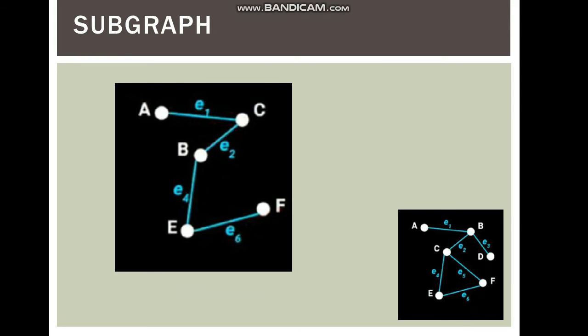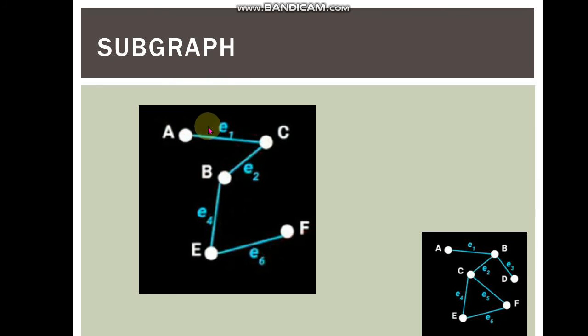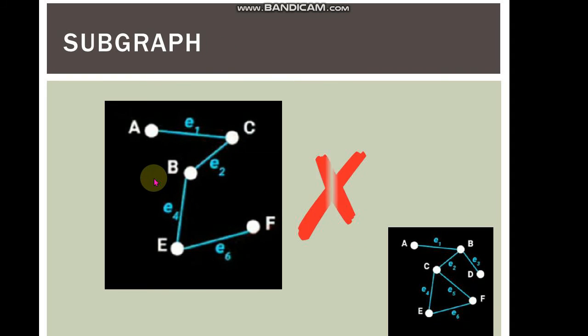Third question. Okay, we see A, C. So we see that this graph shows C, but the original graph shows B, so it is not a subgraph, because of this B and C. Okay, so it is not a subgraph.